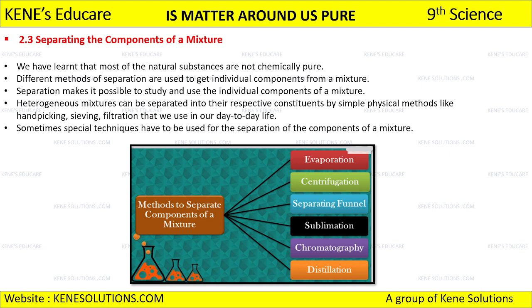So see, we have learned that most of the natural substances are not chemically pure. Okay, they are not chemically pure, and different methods of separation are used to get individual components from a mixture.